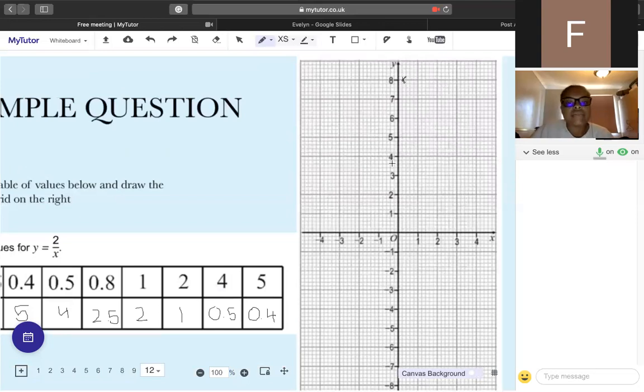And then for 0.4, y is 5. So for 0.4, let's go up to 5. Then you have 0.5 going to 4. And then you have 0.8, which is at 2.5.